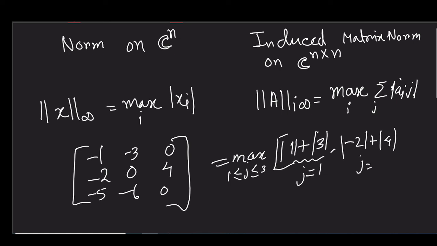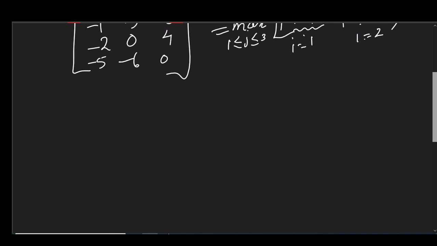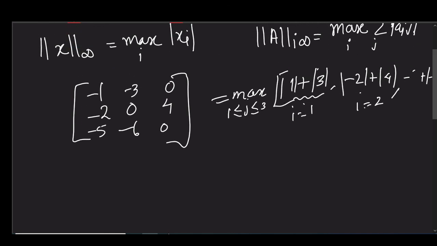This is for i equal to 1, i equal to 2, and then for i equal to 3 we will have mod of -5 plus mod of -6.